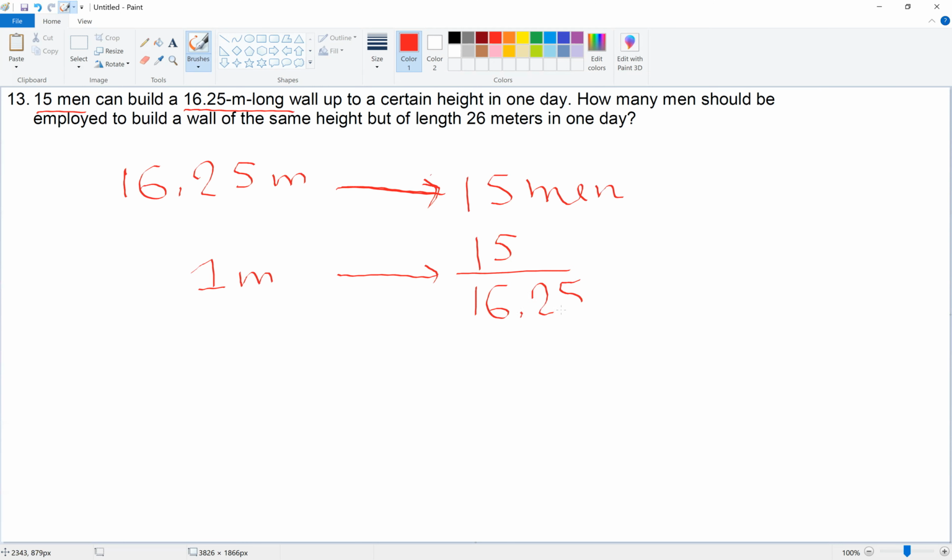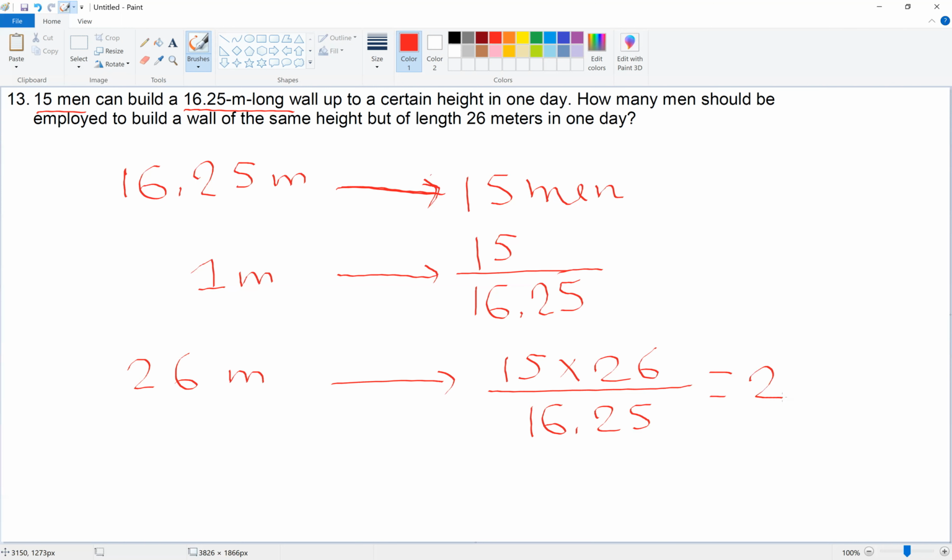And then I would multiply by 26. Then it's 26 meters. Is that what you would do? Yeah. And I got 24. I'm assuming your calculation is correct. Divided by 16.25. Yep, that is correct.